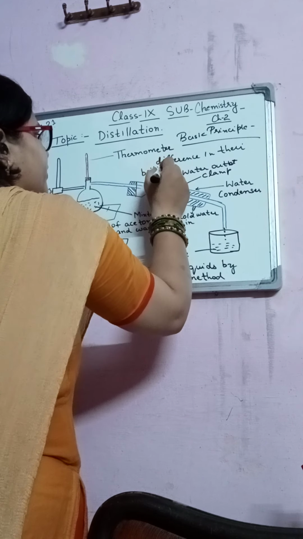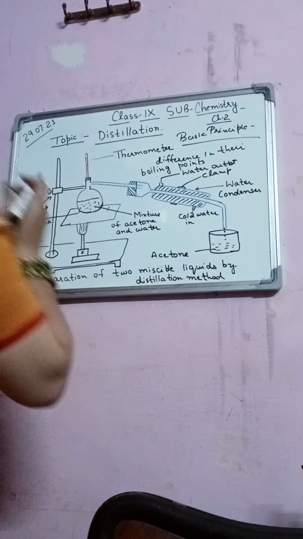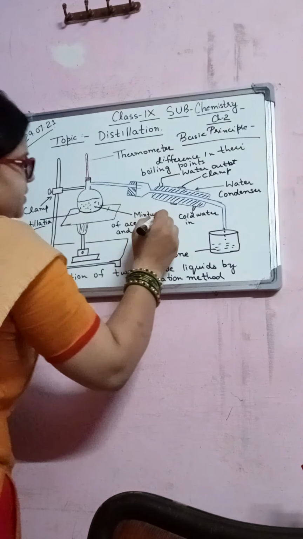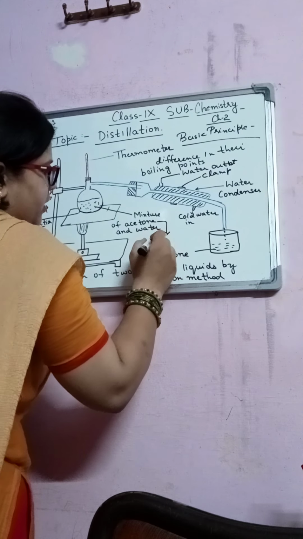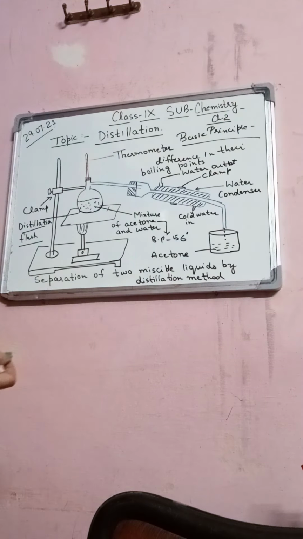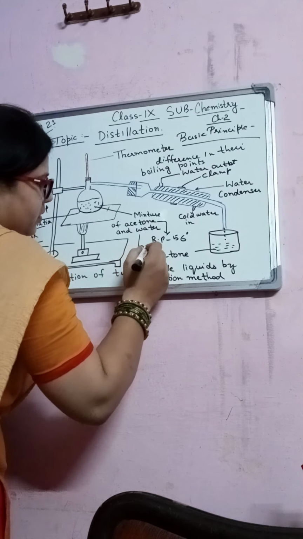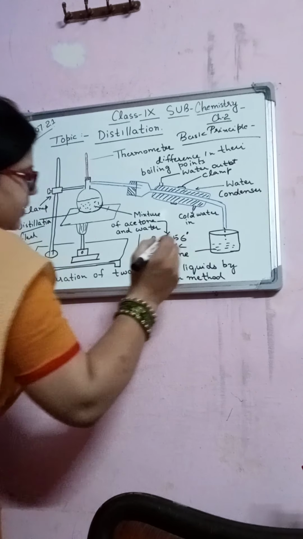The boiling point of acetone is 56 degrees centigrade, so it can vaporize, and water boils at 100 degrees centigrade.